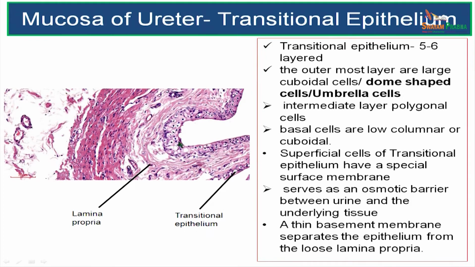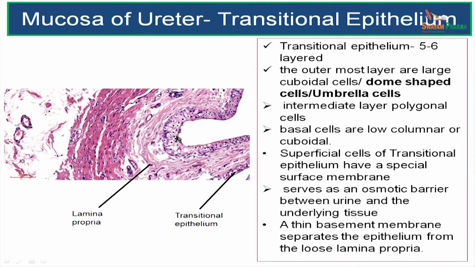Now let us look at some of the details of the epithelium, that is the transitional epithelium. When ureter is empty, the transitional epithelium is 5 to 6 layered. The cells of the topmost layer are called dome shaped cells or umbrella cells, they are cuboidal cells.